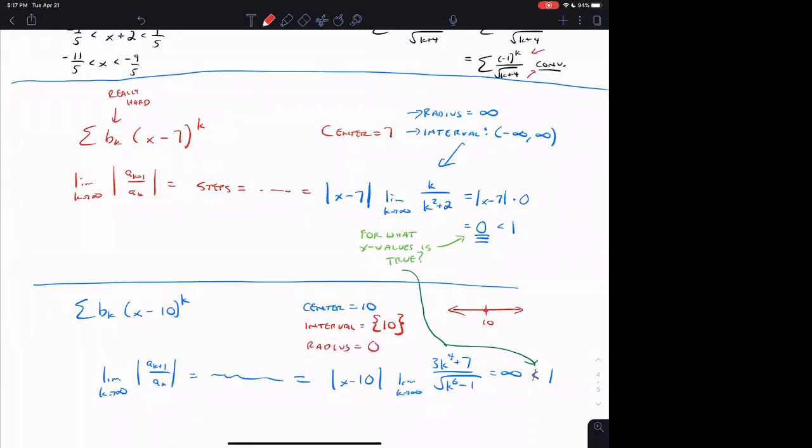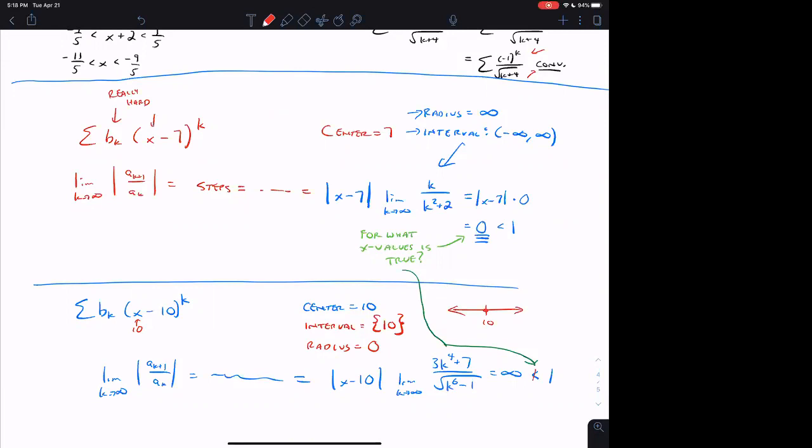Now, I want to talk about a couple things. One is, why would this for sure have to converge if I put 10 in there? What happens? We're multiplying all the terms by 0. So no matter what, every power series must converge at its center.